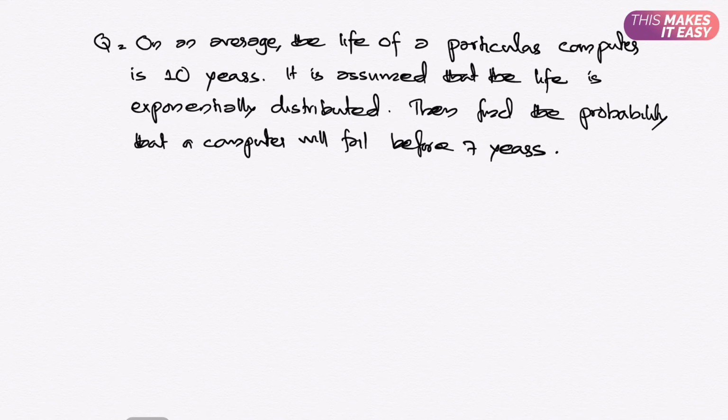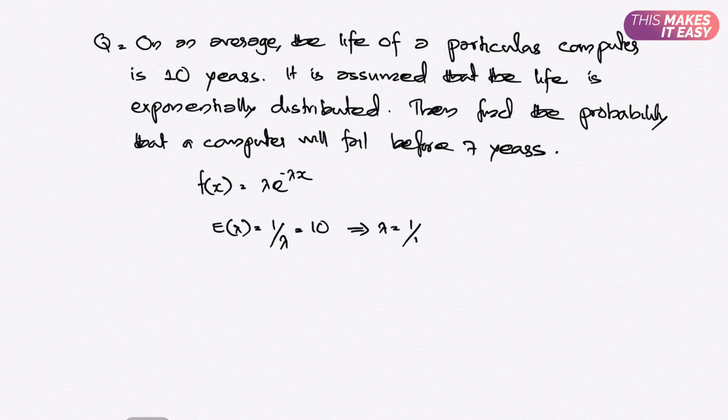So here we will use the formula of exponential distribution, that is f of x is equal to lambda e power minus lambda x. What is the lambda here? We know that the expected value of the exponential distribution is 1 by lambda and the value is given here, that is 10. It means lambda is equal to 1 by 10.